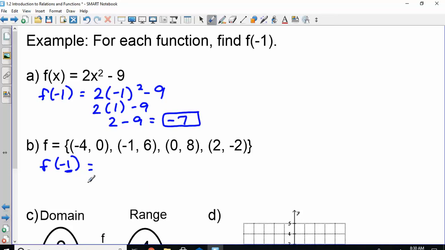Let's give you a set of ordered pairs. This is the point where my x is negative 1. What's the y? 6. So f of negative 1 is just saying if x is negative 1, give me the y. Tell me the y value in that ordered pair.